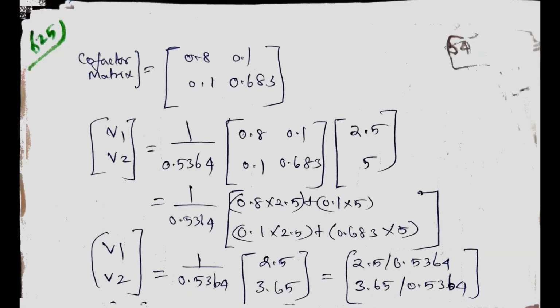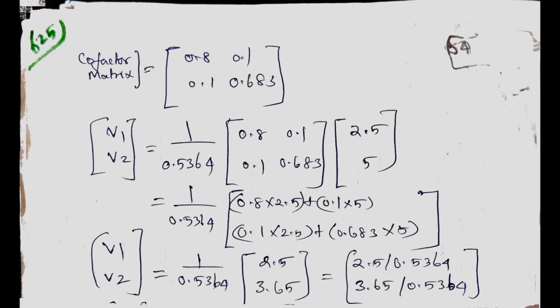From the cofactor matrix, we obtain capital V1, V2. V1, V2 is 1 divided by 0.5364 into the matrix 2.5, 3.65, which equals 2.5 divided by 0.5364, 3.65 divided by 0.5364.